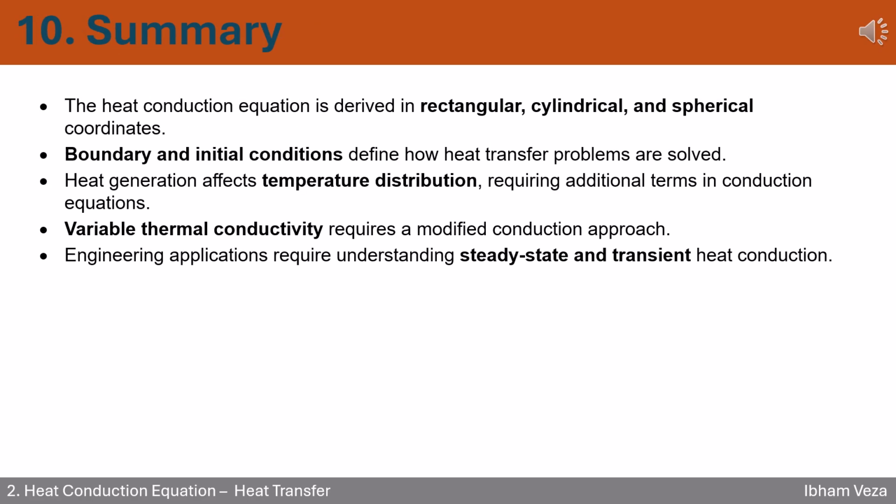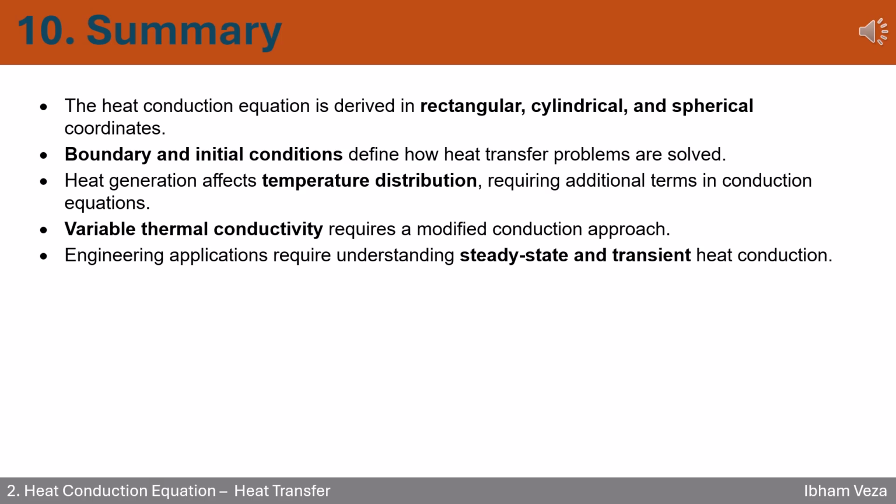10. Wrap up by connecting the key concepts. Let's finish by reinforcing your foundation. You now understand how the heat conduction equation changes with geometry, how boundary and initial conditions guide solutions, and how heat generation reshapes temperature distribution.